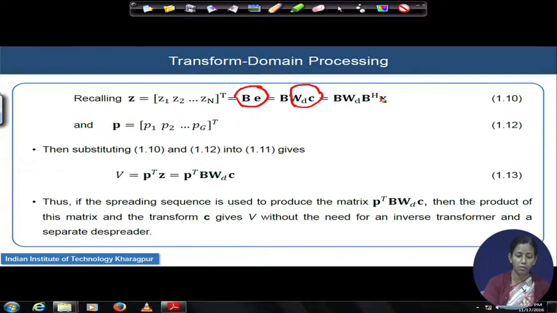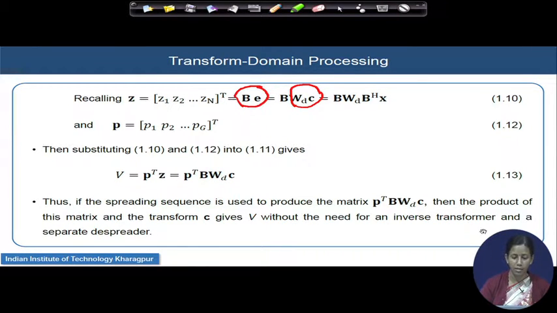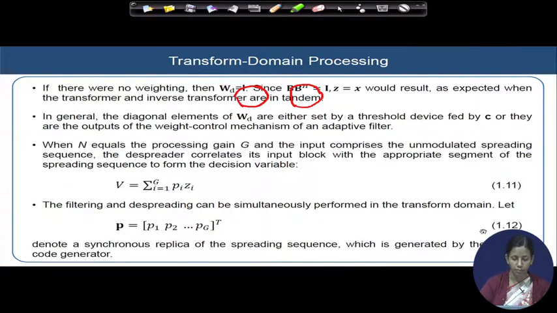And we have considered the vector P in such a way that P is our code sequence. Now, if I substitute these two into the expression of V that we saw earlier, in equation 1.11, the values of P and Z are now known to us.